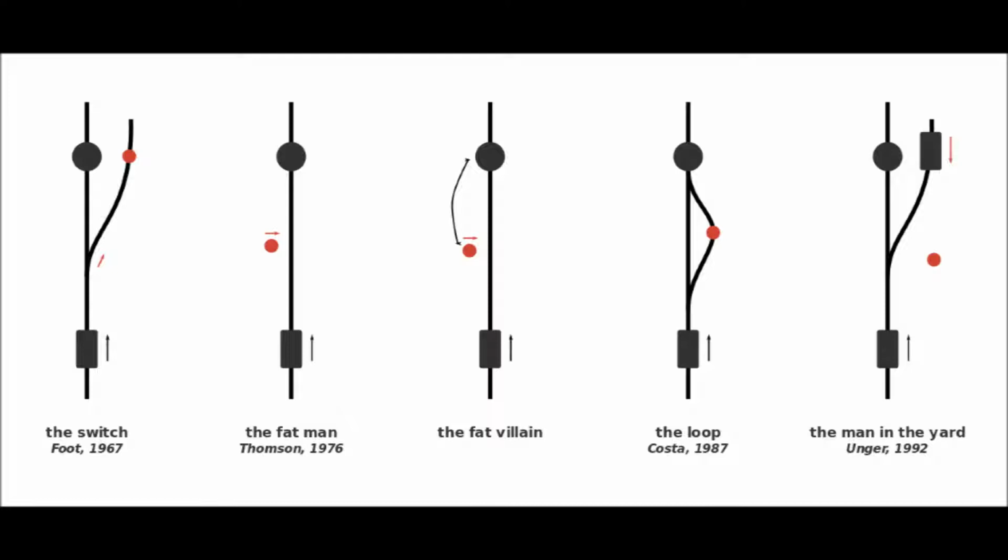It's similar to the original one with the switch, but in this one, you can switch it onto a separate loop that kills one person who is fat enough to stop the trolley.